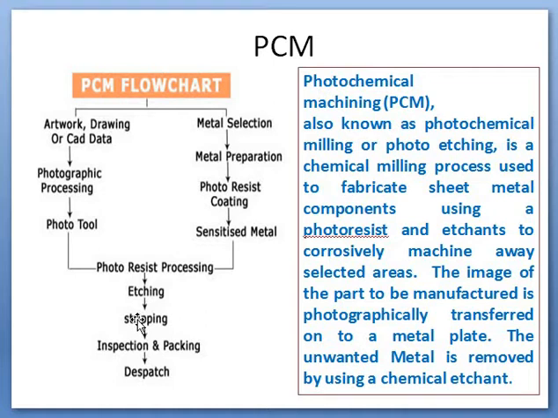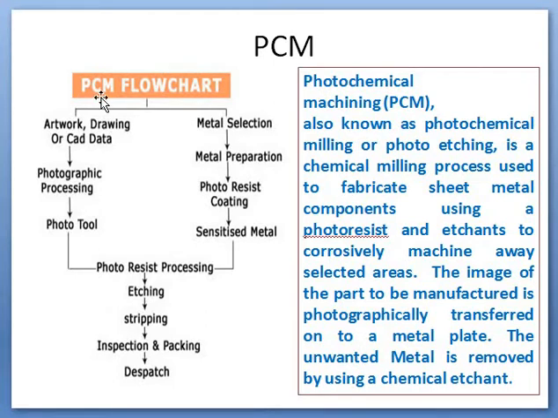The image of the part to be manufactured is photographically transferred onto the metal part, and the unwanted metal is removed by using a chemical etchant.